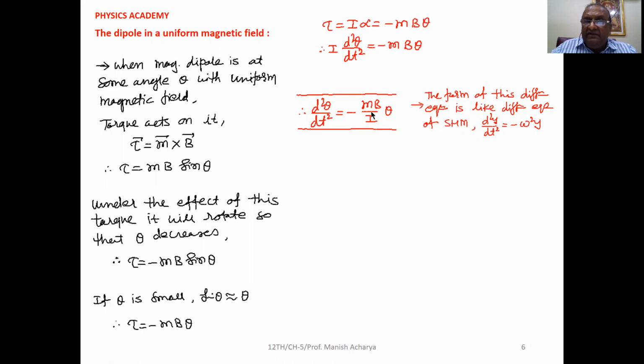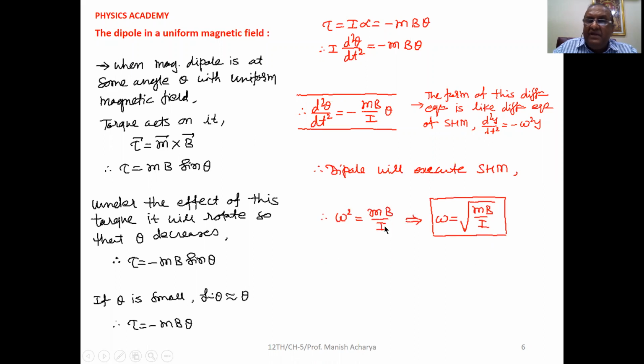Now, if we compare these constants of the motion, omega square is equal to MB upon I. Therefore, omega is under root MB upon I. This is the angular frequency for the simple harmonic oscillations of a magnetic dipole in a uniform magnetic field.